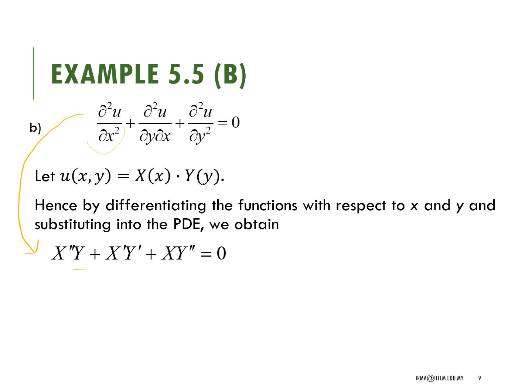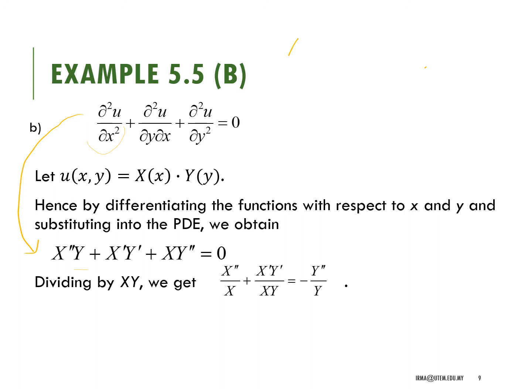So for this equation you need to divide by xy to determine whether it's separable or not. First we rewrite in terms of prime and double prime, and then you divide by xy.